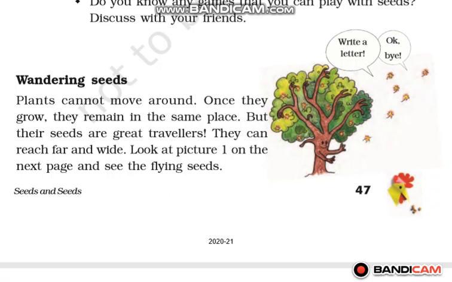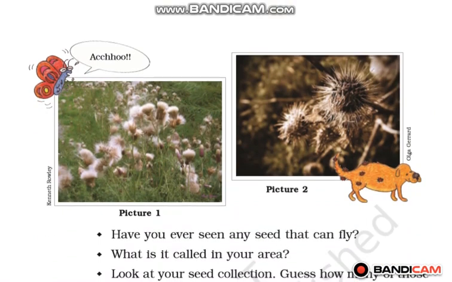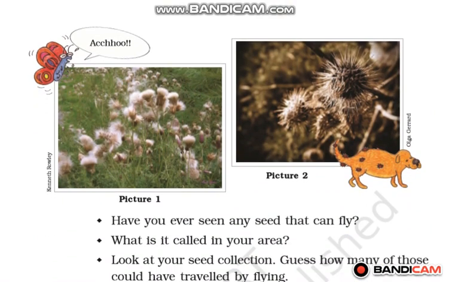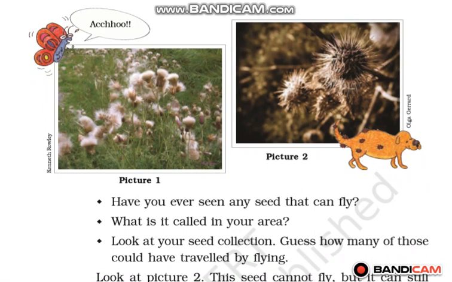In picture 1, look at the picture. You can see that these seeds are flying. They are so lightweight that they can fly in air. Picture 1 is the example of lightweight seeds which have feather-like structure on it, and they can easily fly in the air.